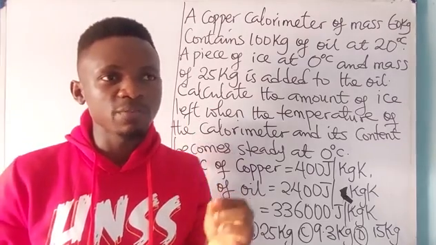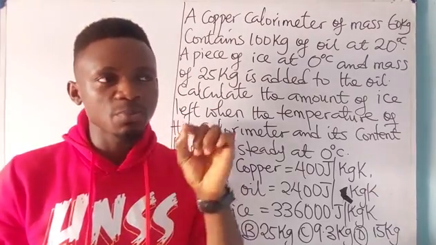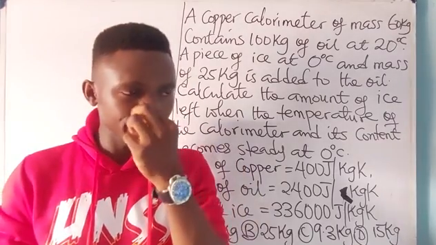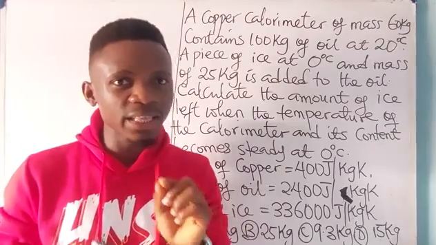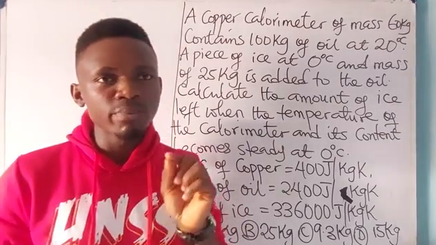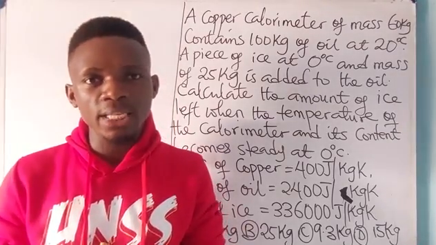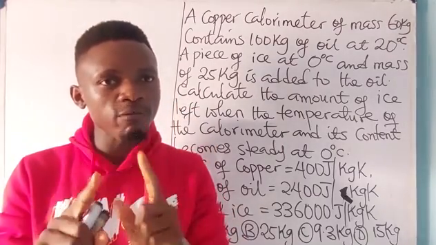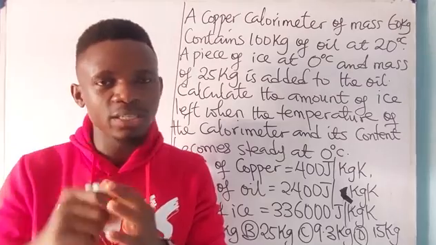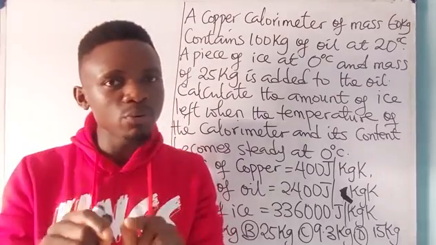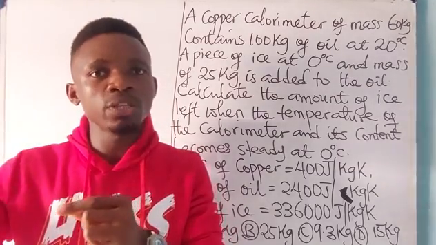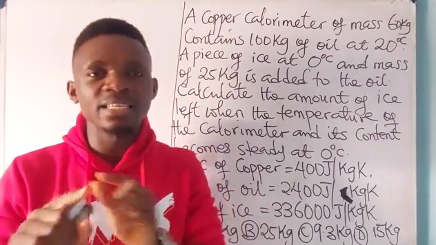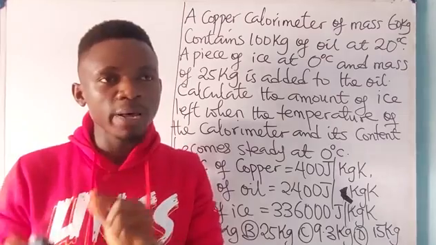We now have specific latent heat of fusion and specific latent heat of what? Vaporization. Now the first one, specific latent heat of fusion, means the quantity of heat required or needed to change a unit mass of a substance called solid, at its melting point, into liquid. Whenever you hear the word "fuse" in a given question, take your mind to what?